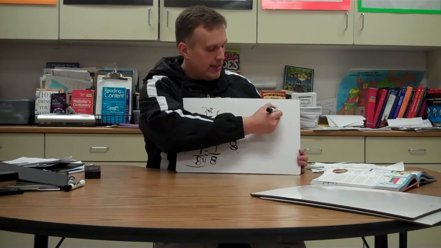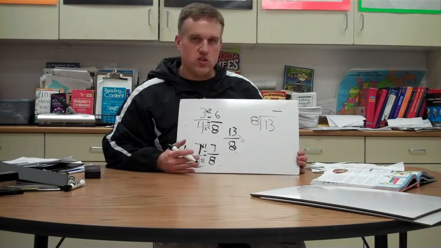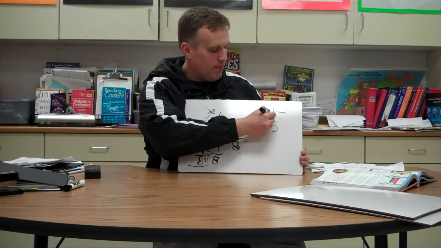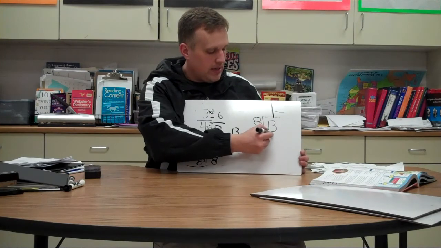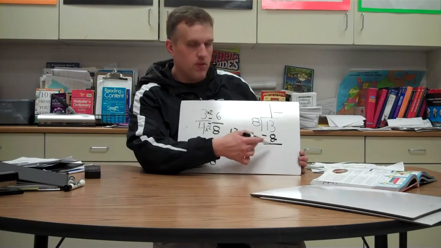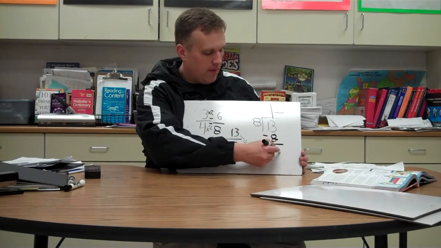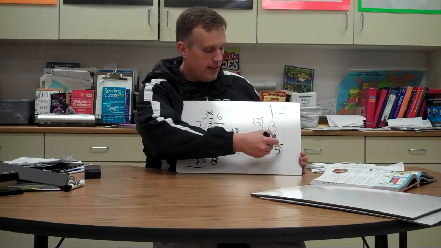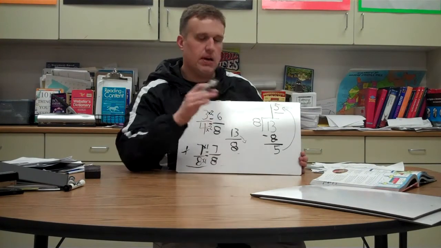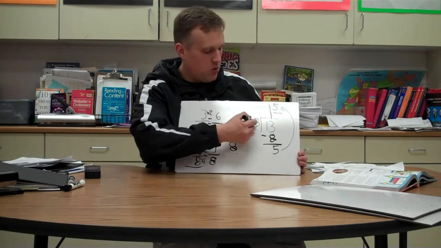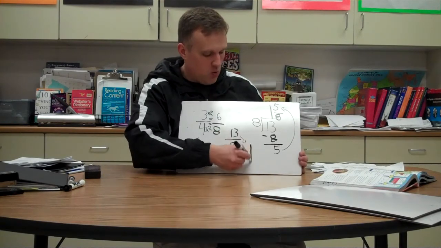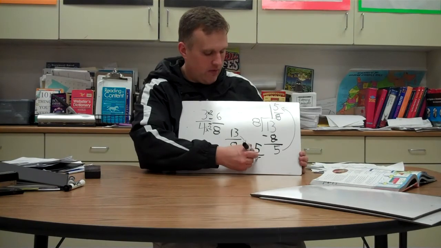Okay, again, I like to go ahead and put my fraction bar in before I even start. 8 goes into 13 one time. 1 times 8 is 8. Okay, 13 take away 8 is 5. Okay, that becomes my numerator. And again, my denominator never changes. It's going to be 8. Okay, so my answer now is 1 5/8.